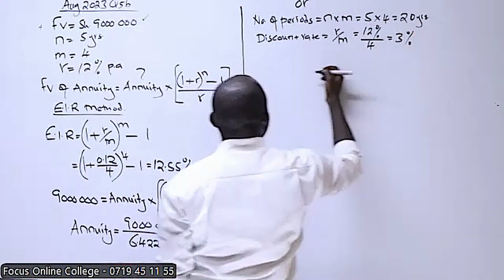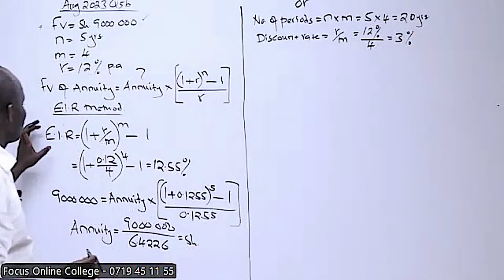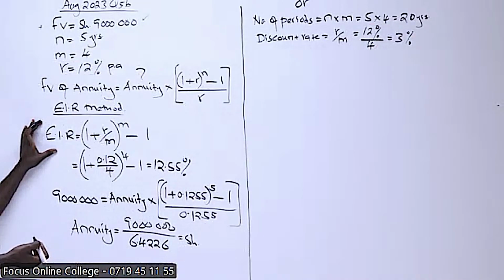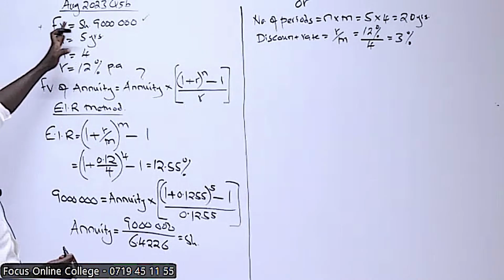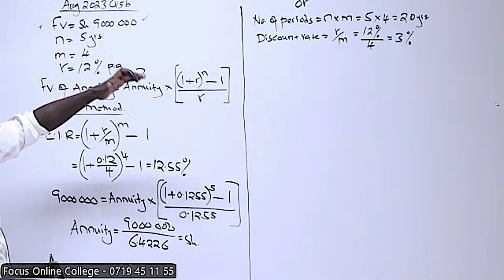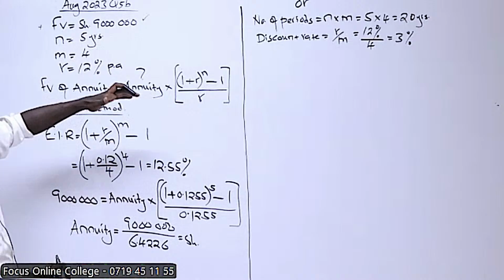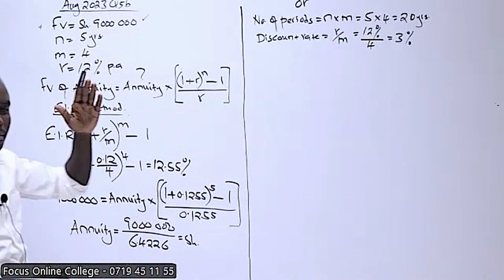So we are saying, instead of using the effective interest rate method, we have another option of adjusting the number of periods, because if this person is going to save for a period of 5 years, and each year he is saving 4 times, the number of periods will increase.